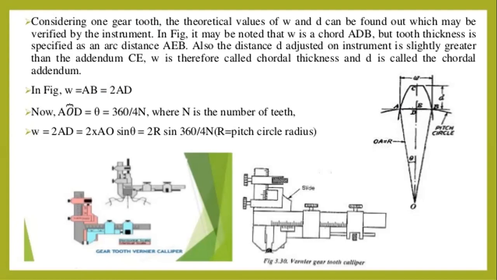But the tooth thickness is specified as an arc distance between A, E, B. So this is the A position, this is the B position, and this is the E position. With respect to the positions, we are going to specify an arc distance.